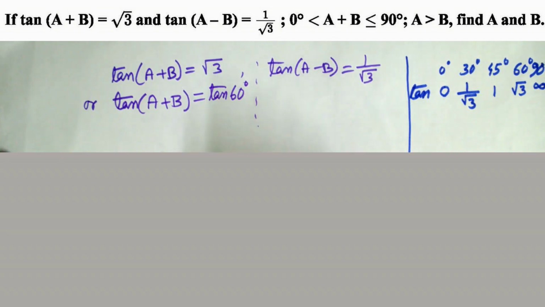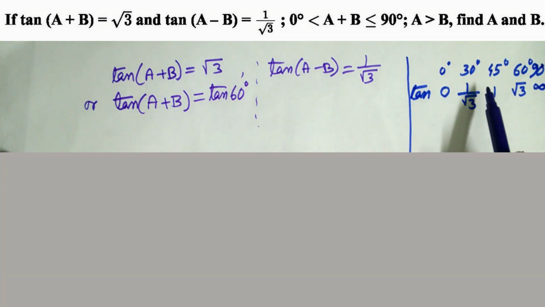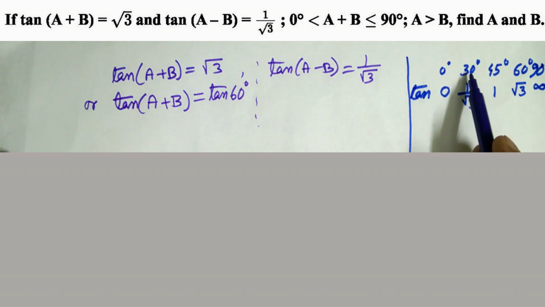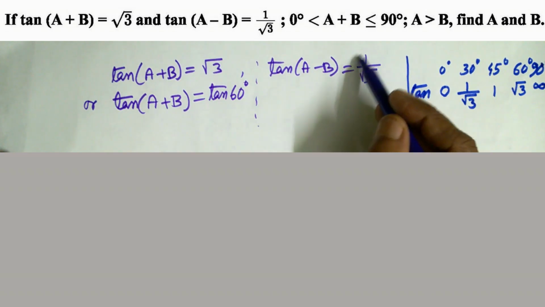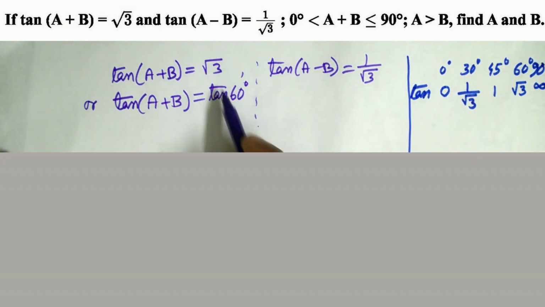Similarly, tan of a minus b is equal to 1 by root 3. Where is 1 by root 3? Here is 1 by root 3. For what angle is tan 1 by root 3? Tan of 30 degree is equal to 1 by root 3. We replace 1 by root 3 by tan 30 degree, as we have replaced root 3 by tan 60 degree.